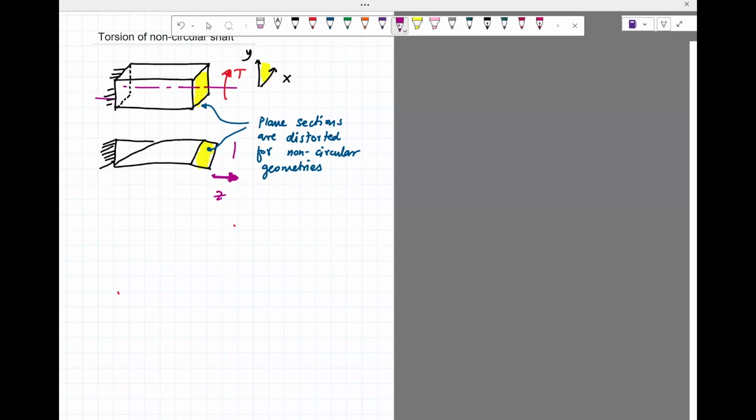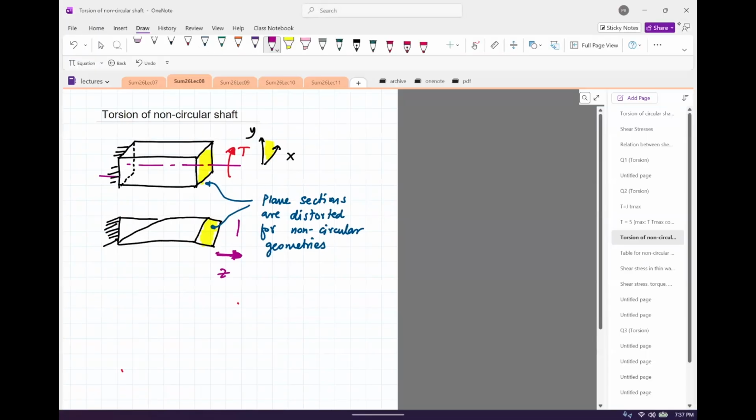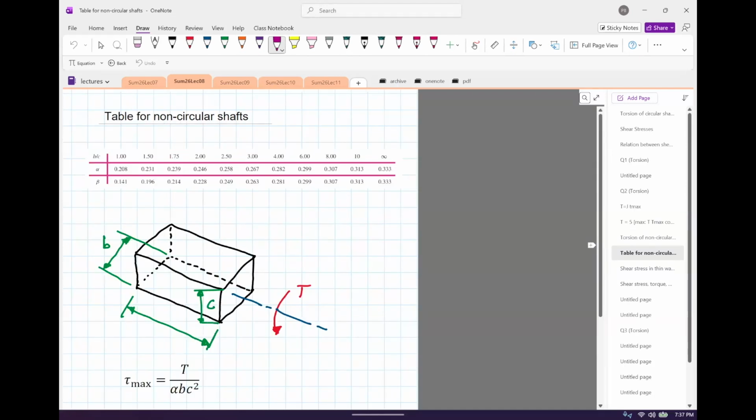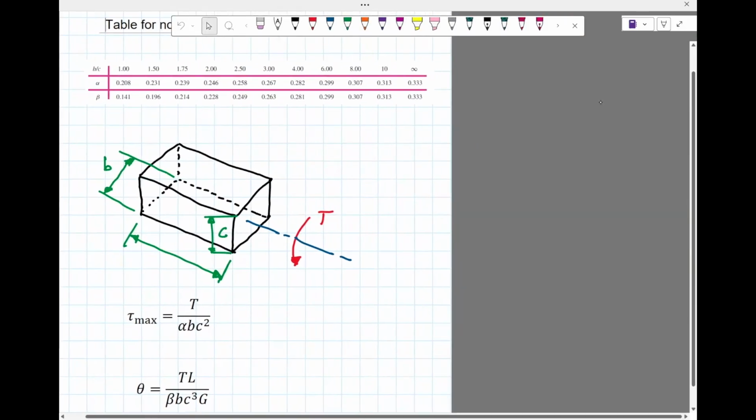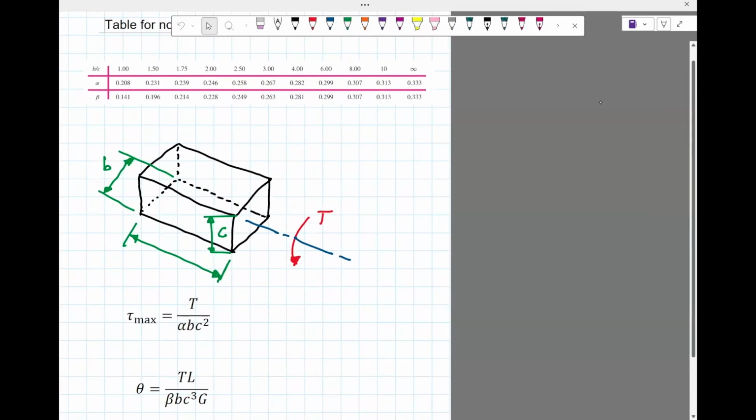We cannot do many of the interesting things we can do with simple math. So we will not study the derivation of the shear stress for this. We will not derive this because the derivation is beyond this course. What we'll do instead is use empirical formulas which probably came from a physics-based calculation.